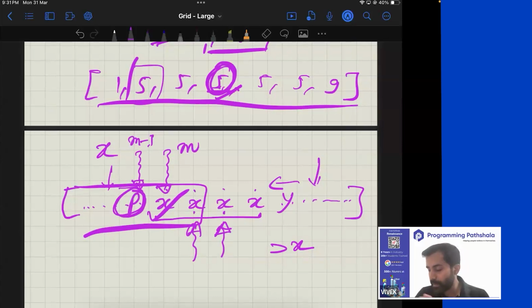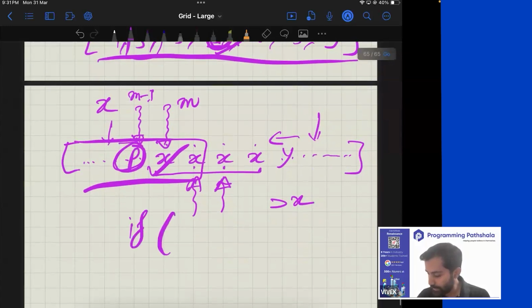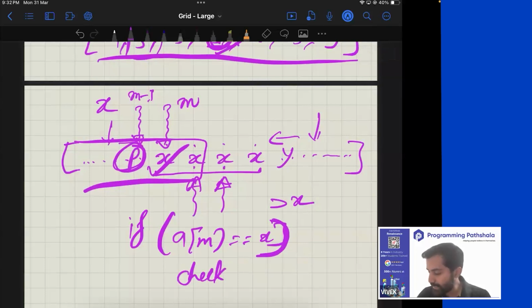So how do I sum it up? The moment your a of mid is equal to x, at this point of time, immediately check the value at mid minus 1. So if the value at mid minus 1 is different, this index is your answer.